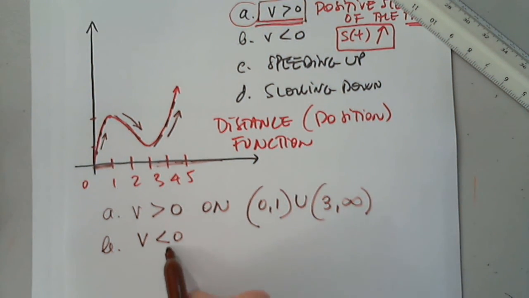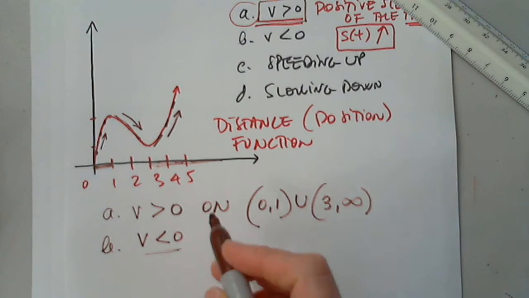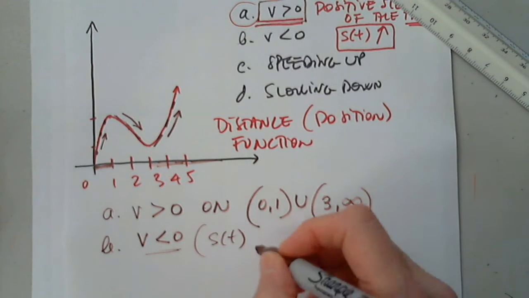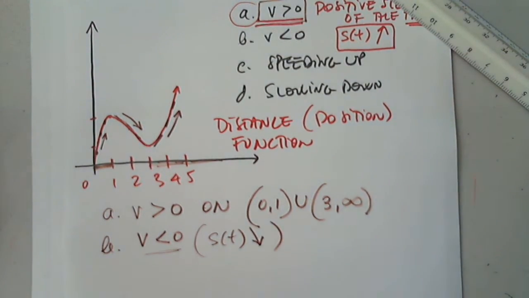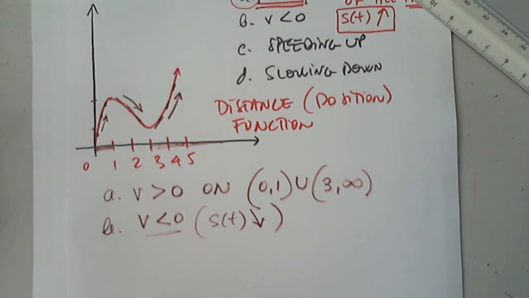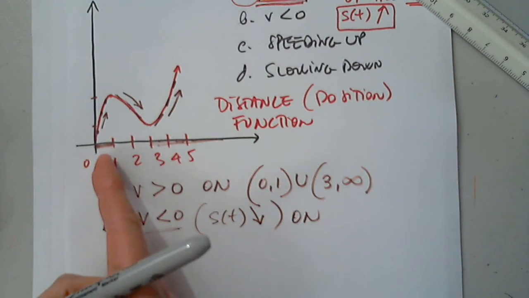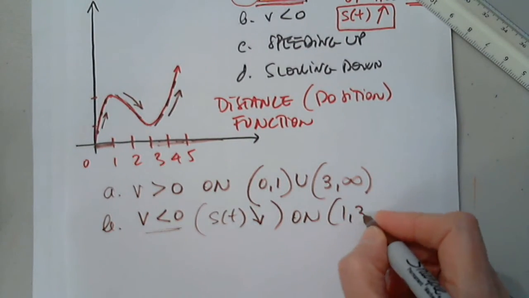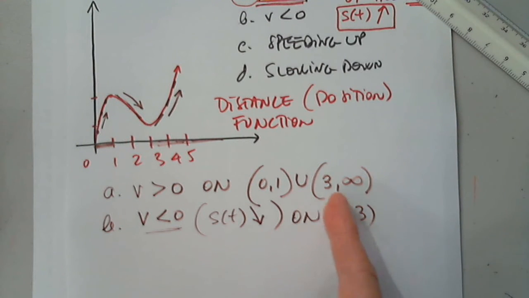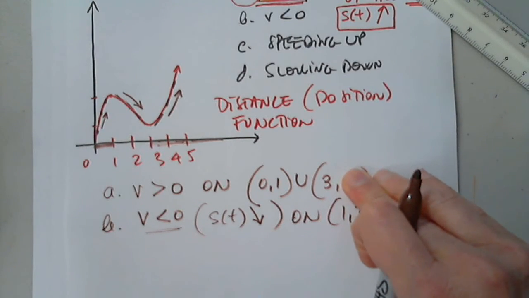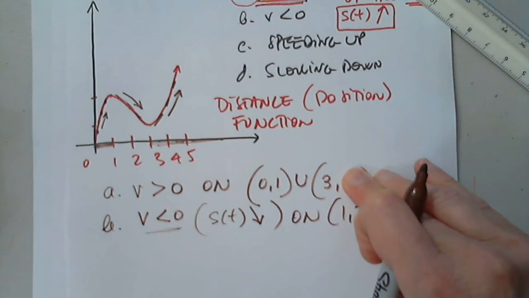So when we talk about velocity being negative, we are talking about the distance decreasing. Okay, so when does this happen? On the interval (1, 3). Notice that nothing here is closed. They're all open intervals. Of course, at infinity it has to be, but everywhere else has to be also open.